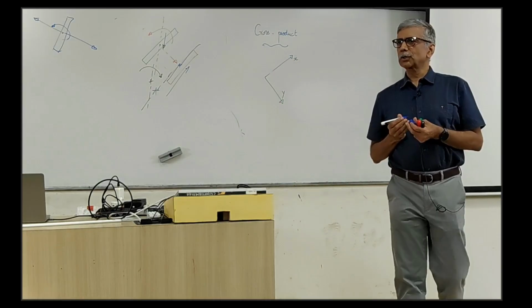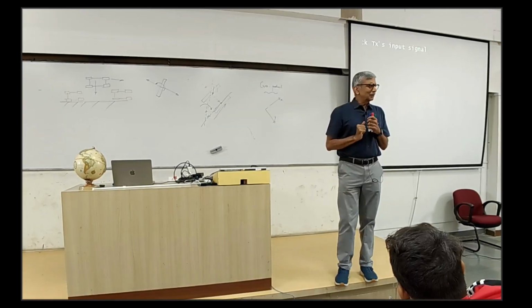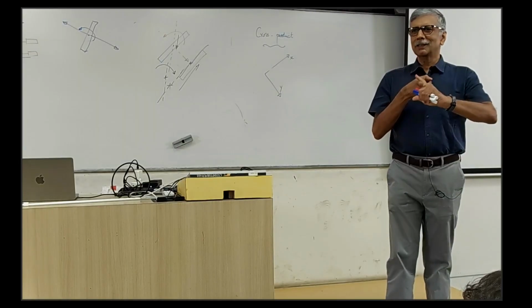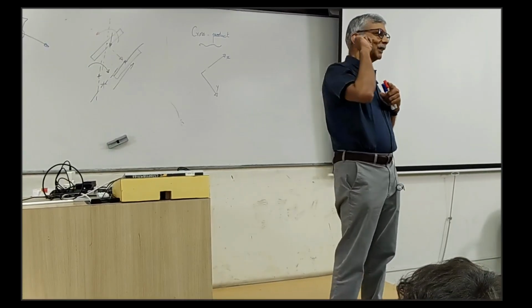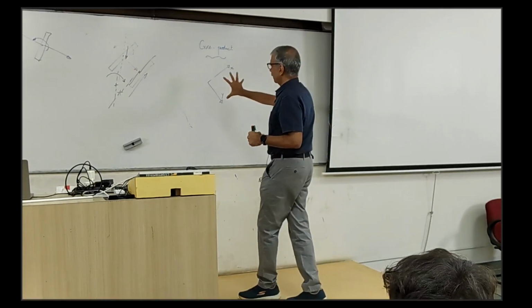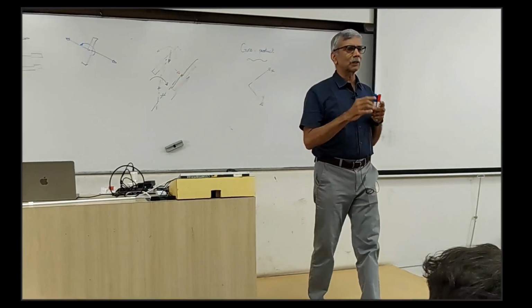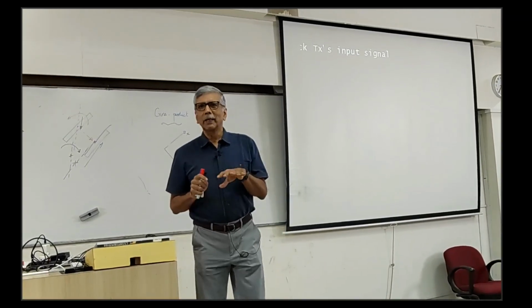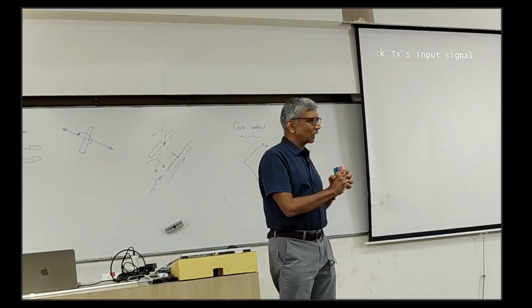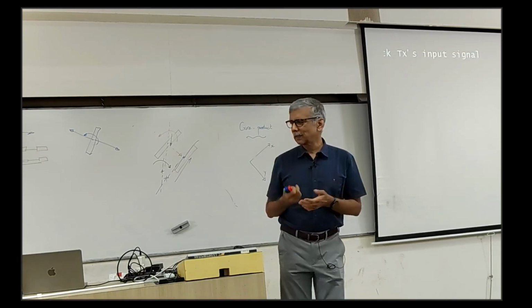What did x cross y do? First and foremost, it gave you a vector, and that vector was perpendicular to x and y. Doesn't that sound something like that? You had a steer and a drive, but then you went in a completely different direction than steer and drive. So the properties of a cross product would also manifest here, but the cross product is a very elementary notion of understanding such things. There is something more involved, which I won't go into.